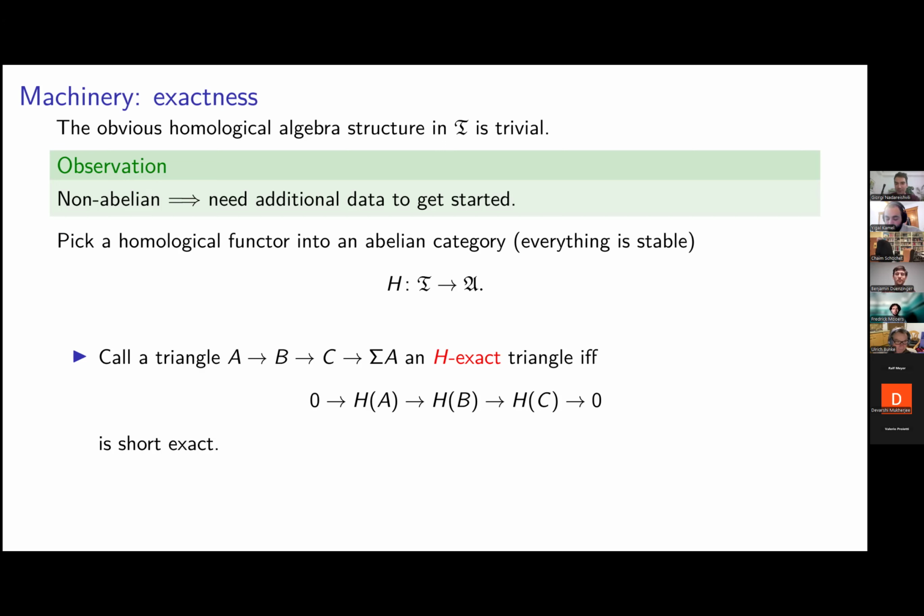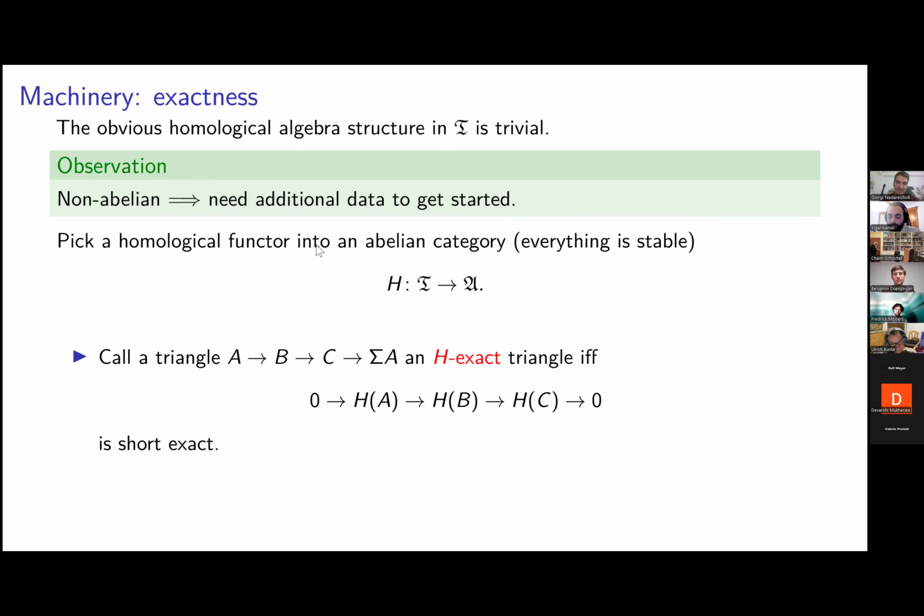What I'm going to do instead is pick a homological functor. By homological, I mean a functor that maps exact triangles to long exact sequences. But if you are not familiar with this definition, you can just think of it as a functor at the moment.